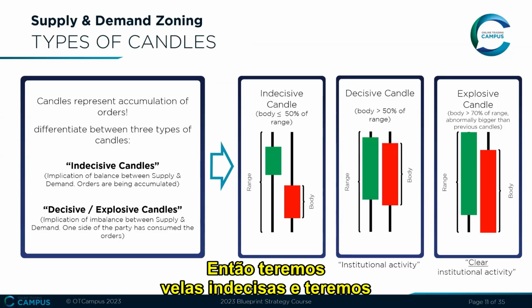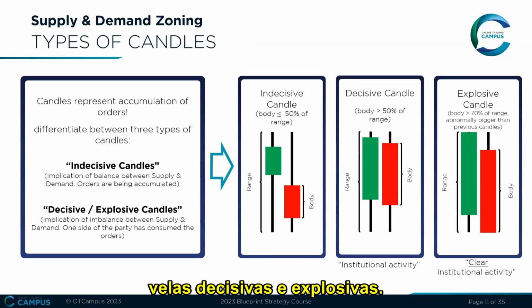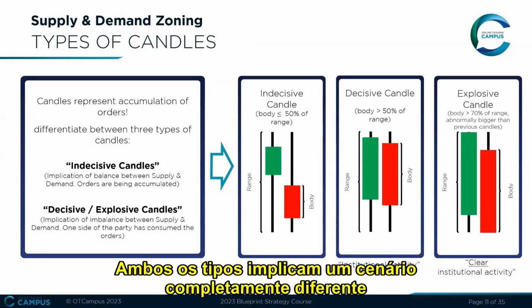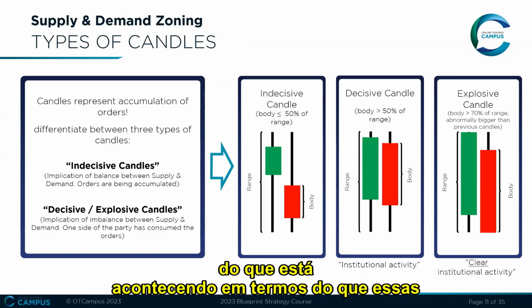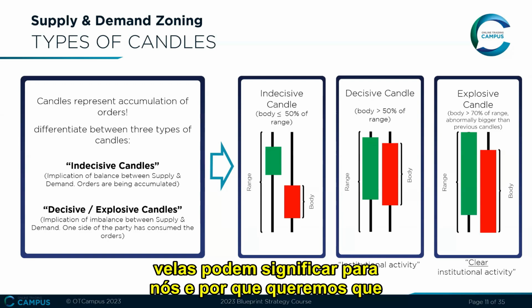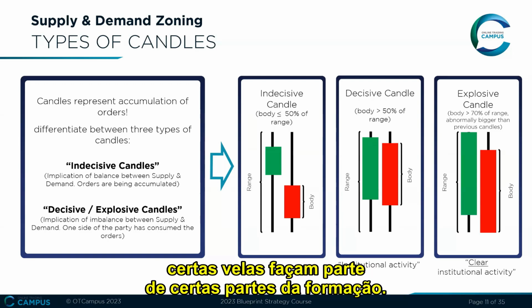So we'll have indecisive candles, and we'll have decisive and explosive candles. Both of these types imply a completely different scenario of what those candles may mean for us and why we want certain candles to be part of certain parts of the formation.